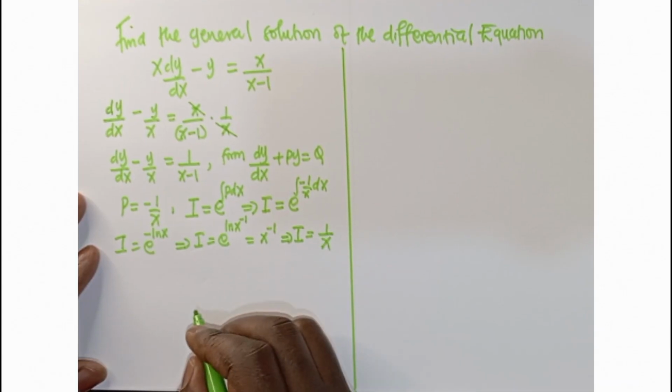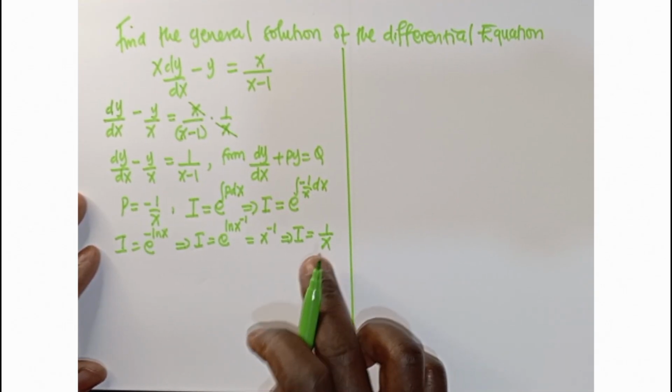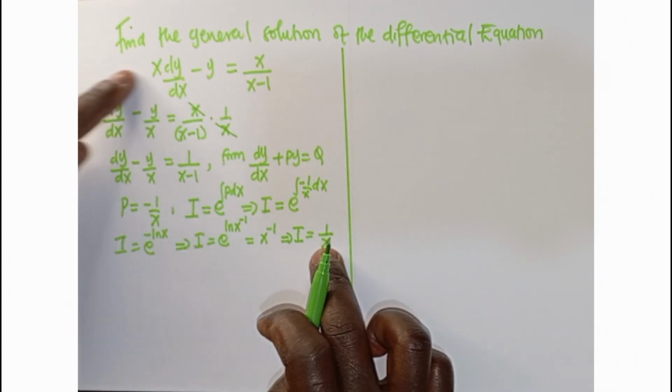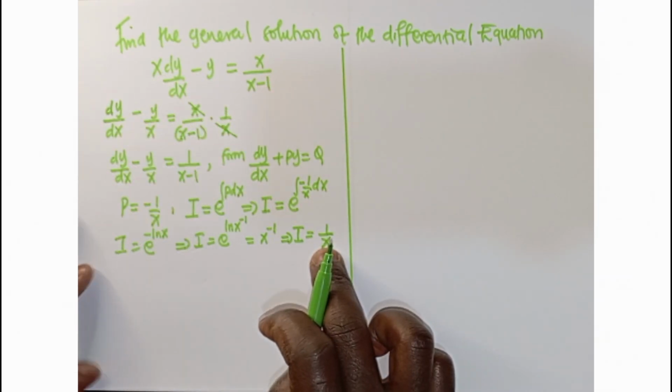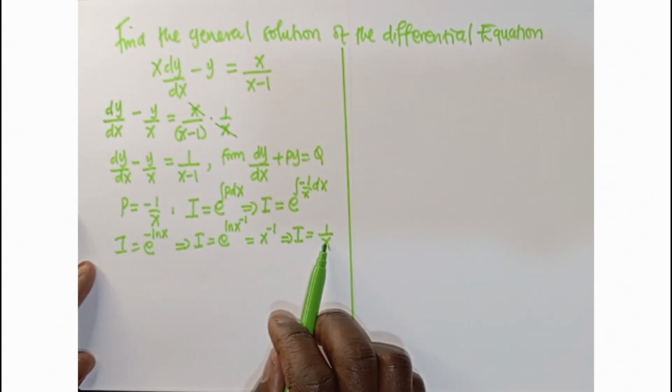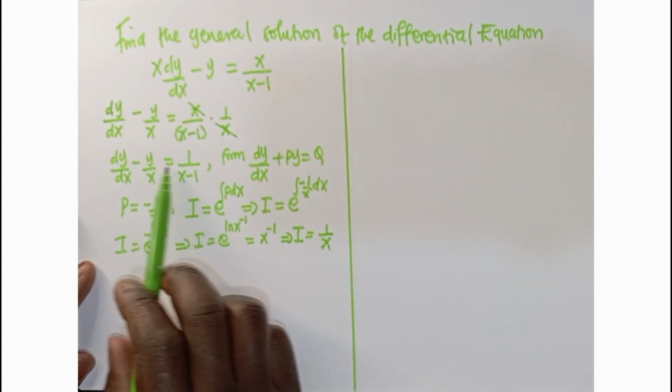This gives us our integrating factor as 1 out of x. Now, after having it as 1 out of x, we have to multiply it throughout the differential equation. We are going to multiply it throughout in this simplified one.